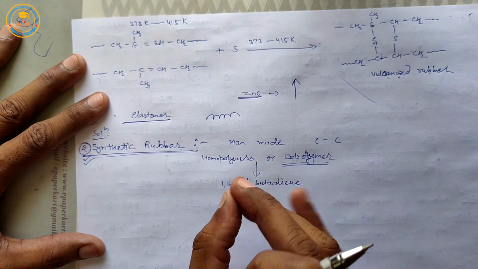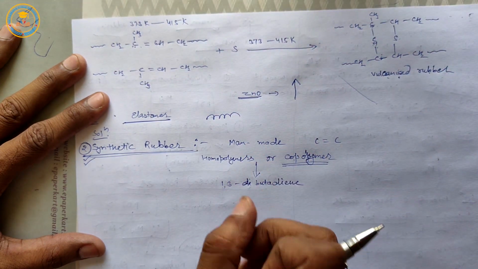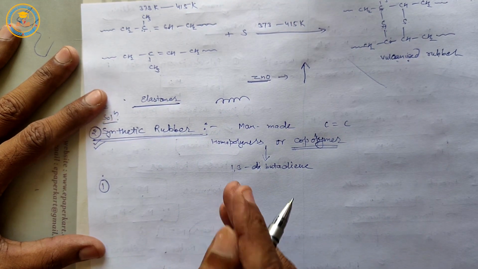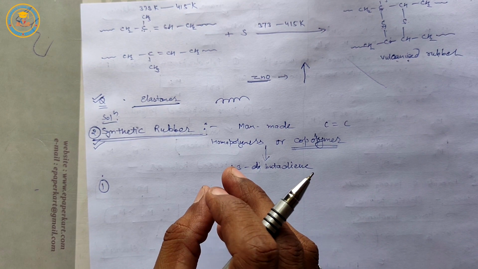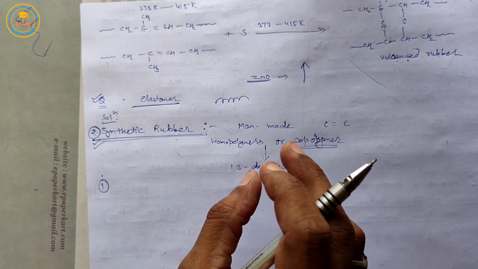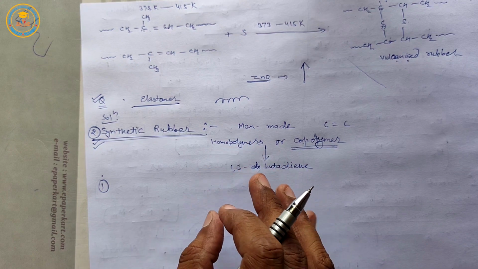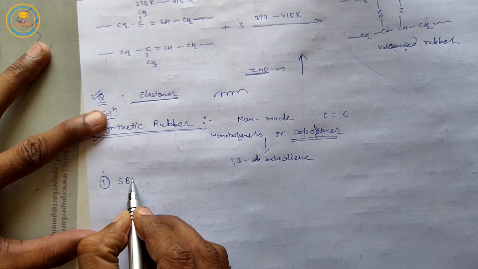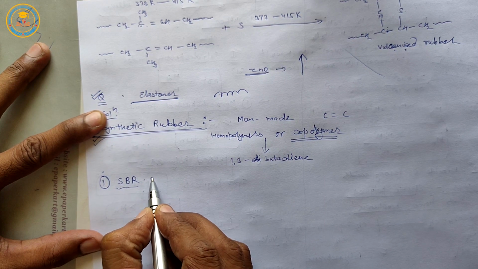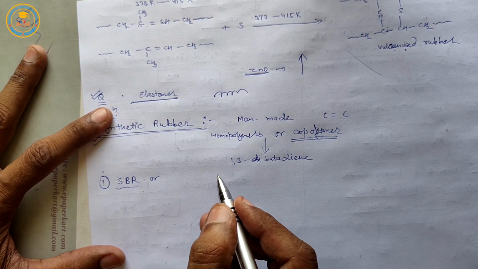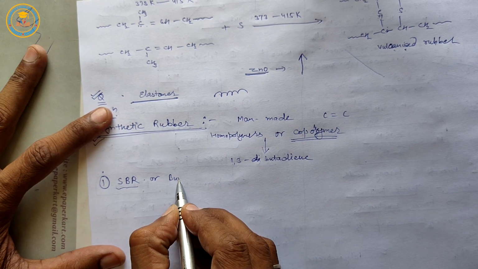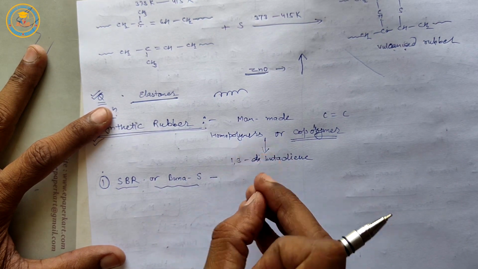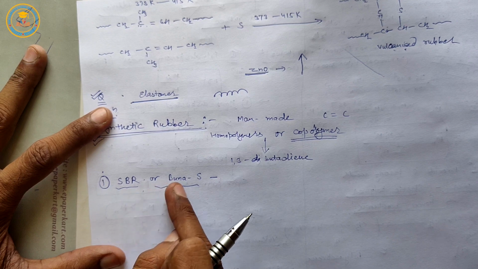The structure and usage of some mostly used synthetic rubbers are as follows. Examples of synthetic rubbers: first, very, very important, styrene butadiene rubber, in short SBR, or in other words it is known as Buna-S.